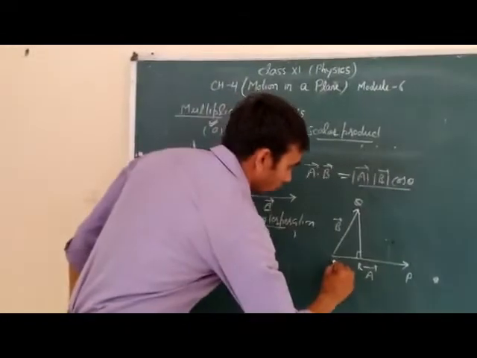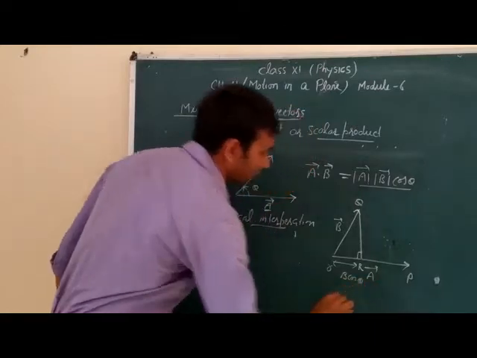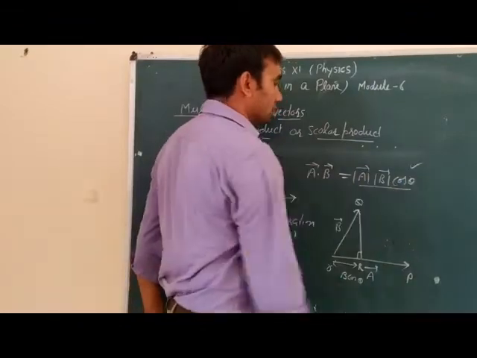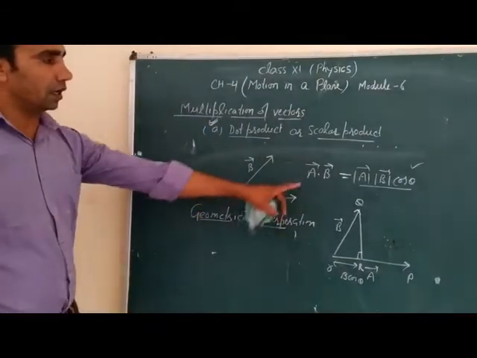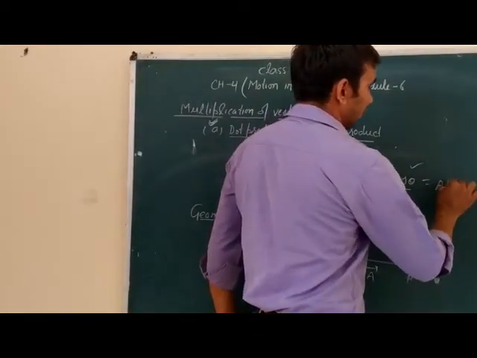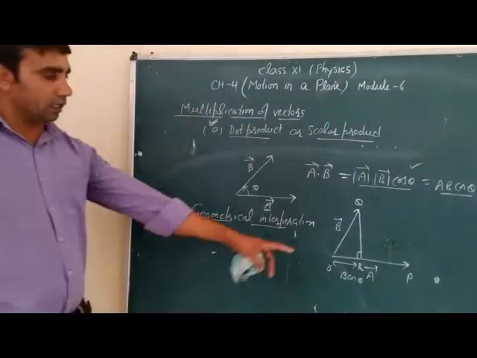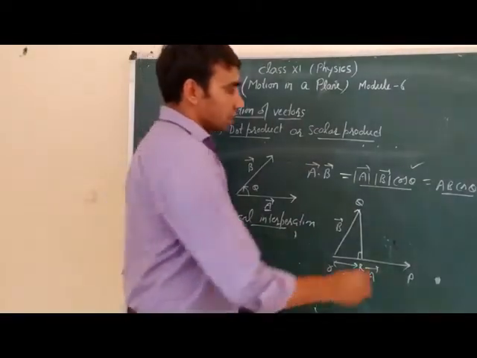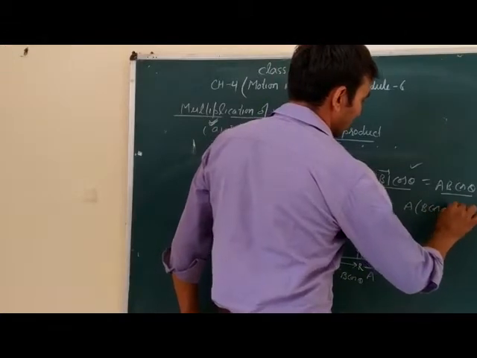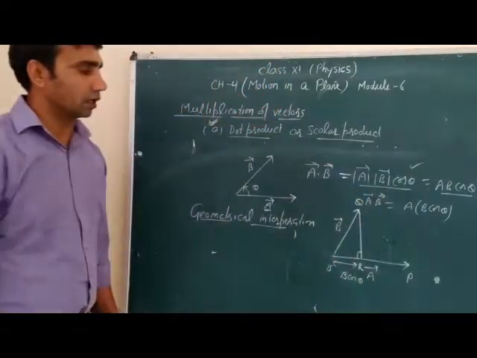OR is equal to B cos theta. Now again, the dot product of vectors A and B is equal to AB cos theta.